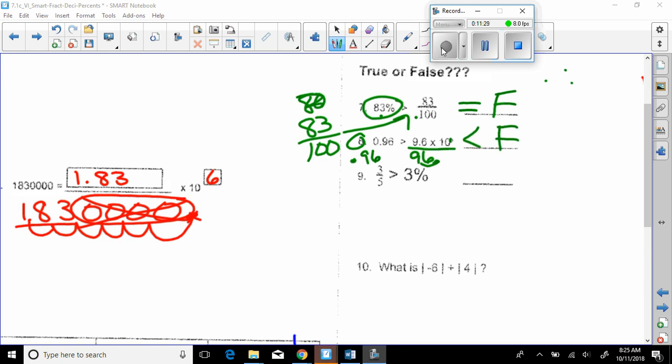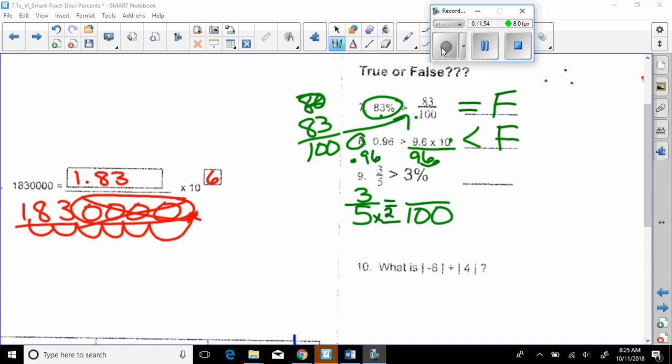And now we go to number 9. 3/5 is greater than 3%, is it? Now remember, when we converted our fraction to a percent, a percent is always out of 100. We did this in our last class when we showed those videos. All right, so 5 times what is 100?